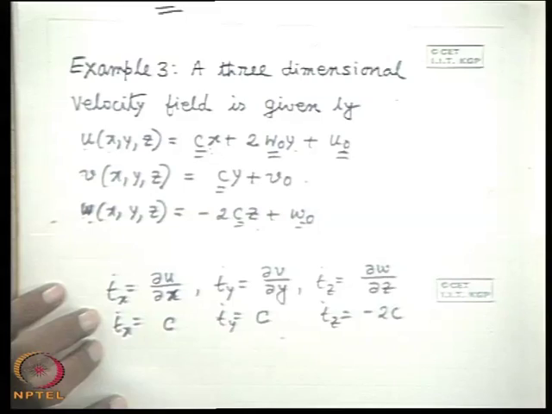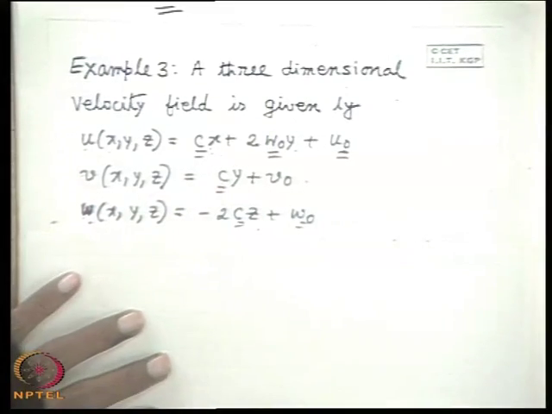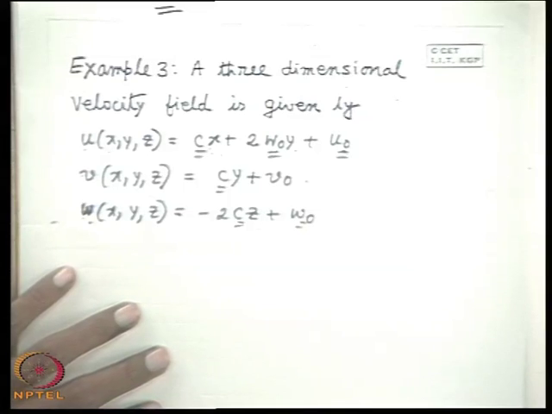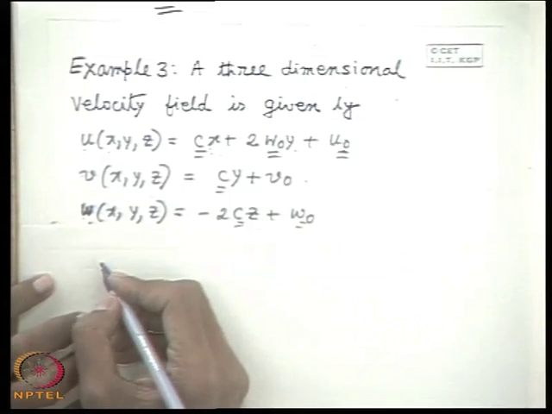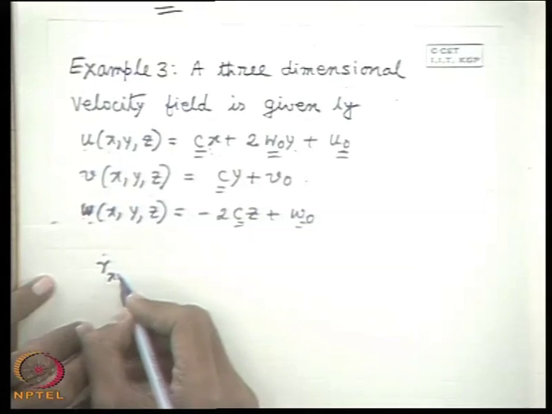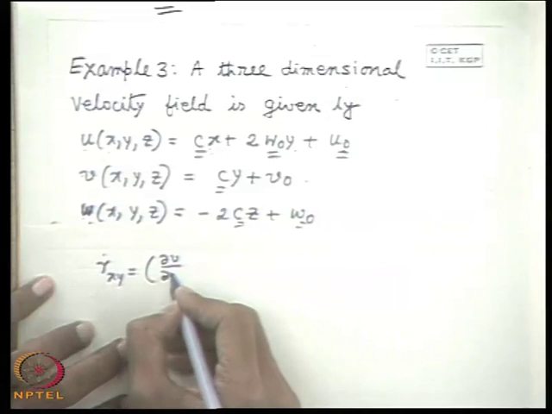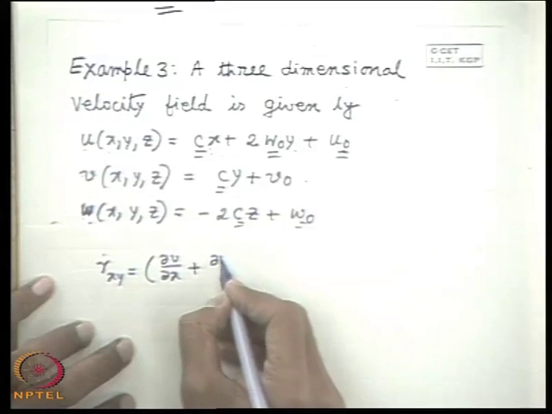Straightforward application. Done? Fine. Next is the shear rate, or rate of angular deformation, angular strain rates, whatever you call. We know gamma dot xy in the xy plane is del v del x plus del u del y.